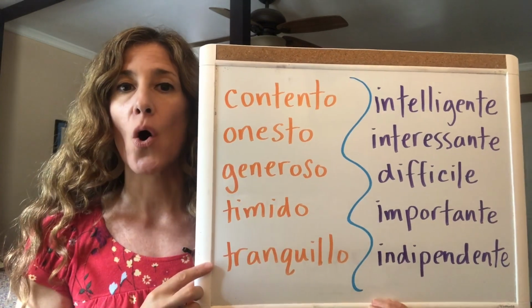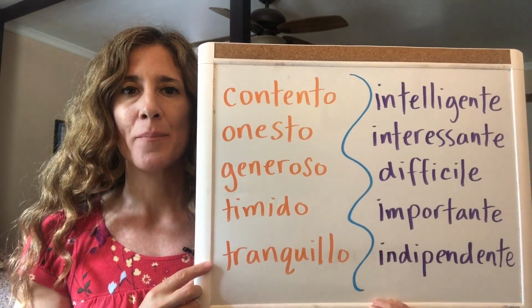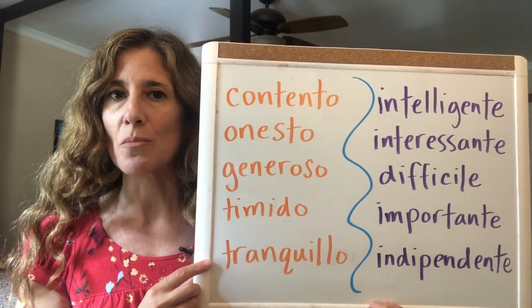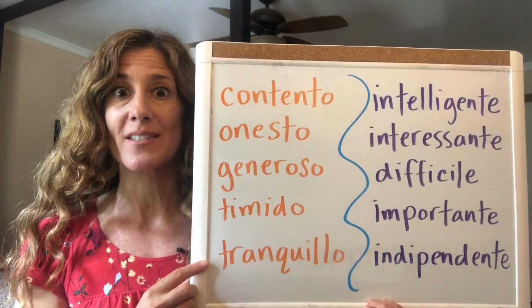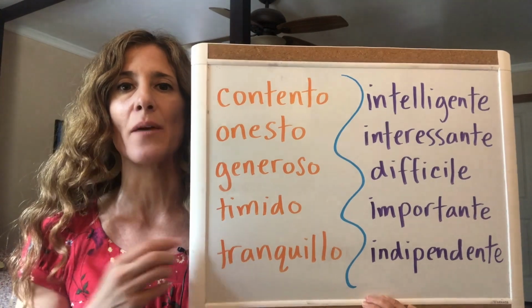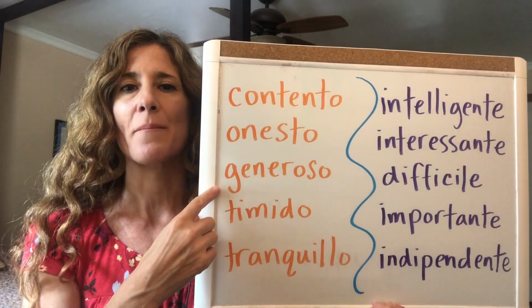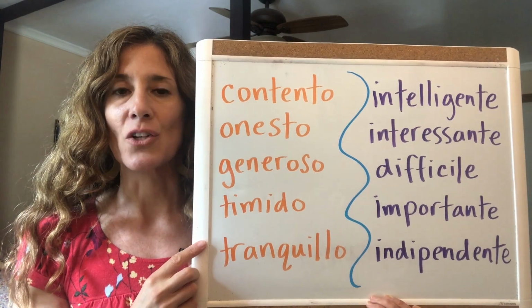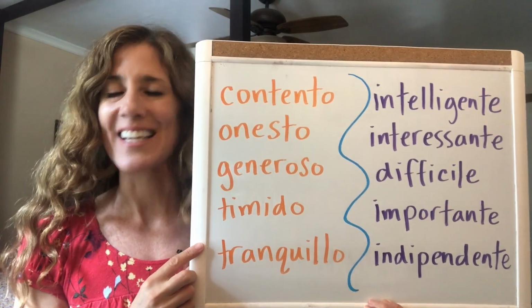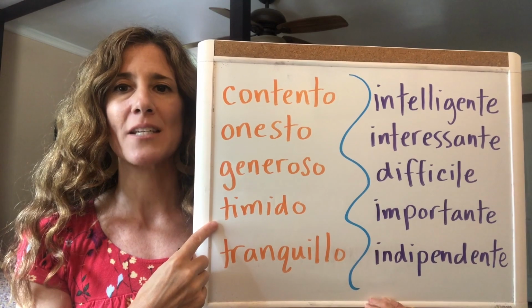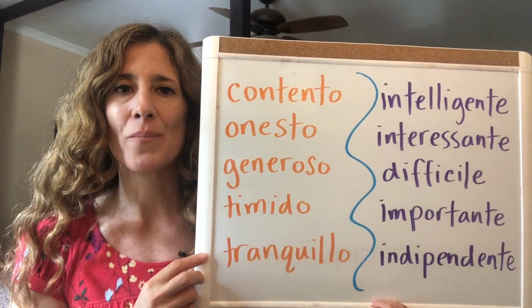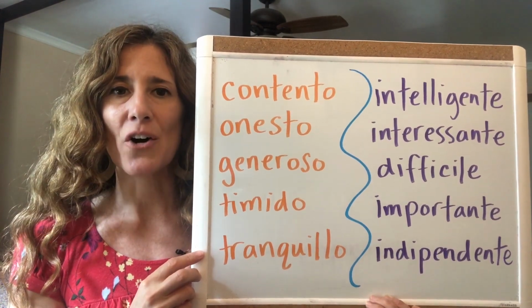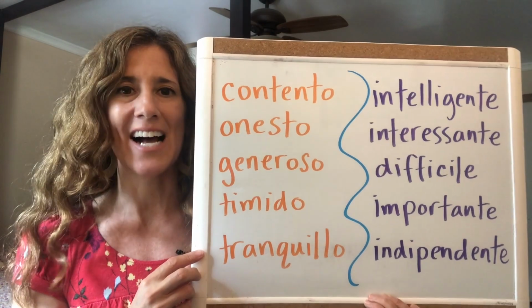Numero due, onesto. Now it's missing the H, but the word means honest, and it sounds the same, right? Numero tre, generoso. It looks like generous, esatto. La prossima, timido. Timido is timid, shy, sì.